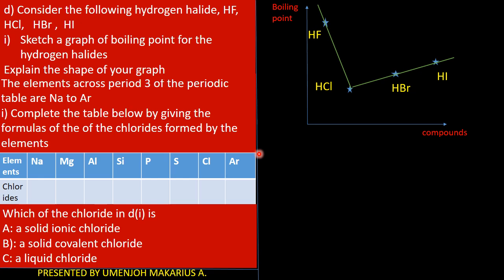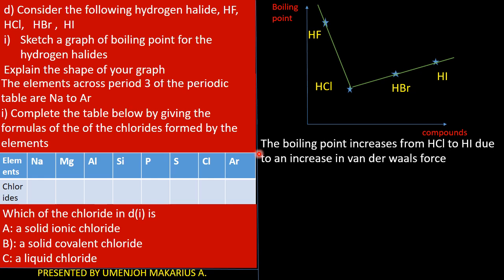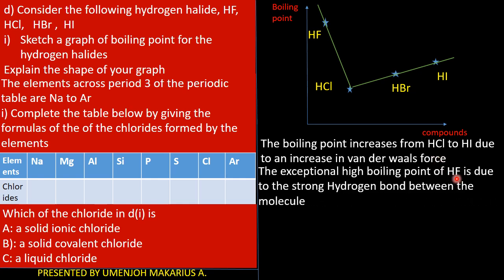That is due to the intermolecular hydrogen bonds present between the molecules. So if you want to explain, we can say that the boiling point increases from HCl to hydrogen iodide due to an increase in van der Waals forces, but the exceptionally high boiling point of hydrogen fluoride is due to the strong hydrogen bonds between the molecules. So we've simply explained the shape of this curve: it increases from hydrogen chloride to hydrogen iodide, and hydrogen fluoride has an exceptionally high boiling point due to the hydrogen bonding that exists between the molecules.